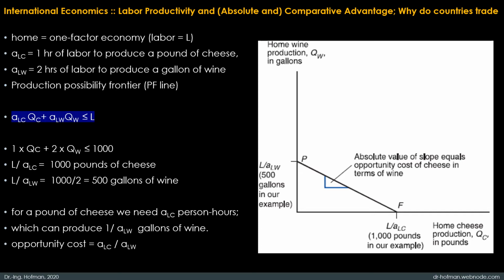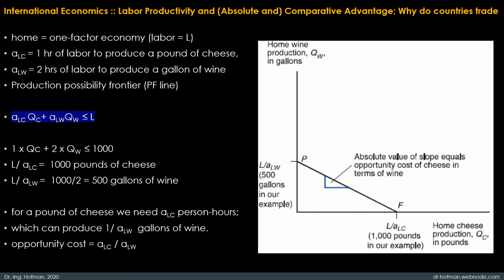If QW is the economy's production of wine and QC is production of cheese, then the labor used in producing wine will be ALW times QW, and the labor used in producing cheese will be ALC times QC. The production possibility frontier is determined by the limits on the economy's resources, in this case labor.